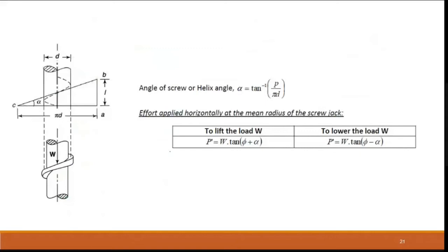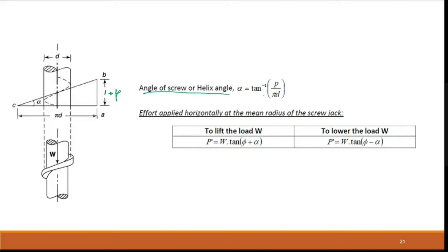Let me consider here. This is my thread. When I consider this as an inclined plane, you have pi d, which is 2 pi r, and this is your length L, which is nothing but your pitch value P. This is equal to the pitch of the thread. When a force is acting, this is what happens. The angle alpha is called the angle of screw or helix angle.